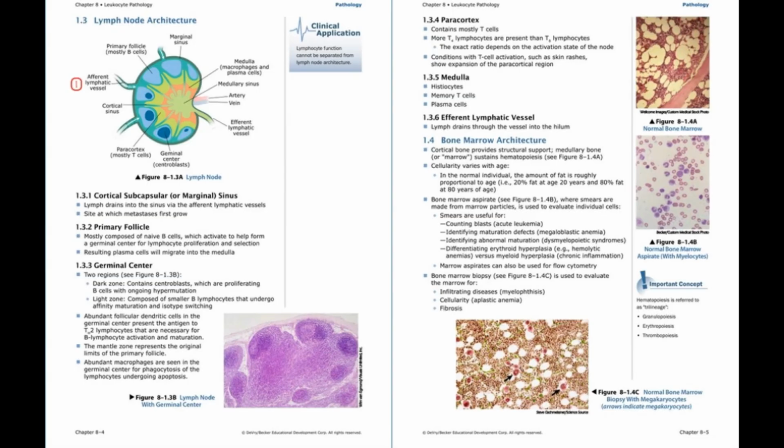It can either be antigen for an immunologic response, but it can also be tumor draining in. And so this is going to first drain into the marginal sinus from the afferent vessel. From the marginal sinus, we now see, if this is an immunologic signal, that the signal goes into the primary follicle. And remember, this is mostly naive B cells.